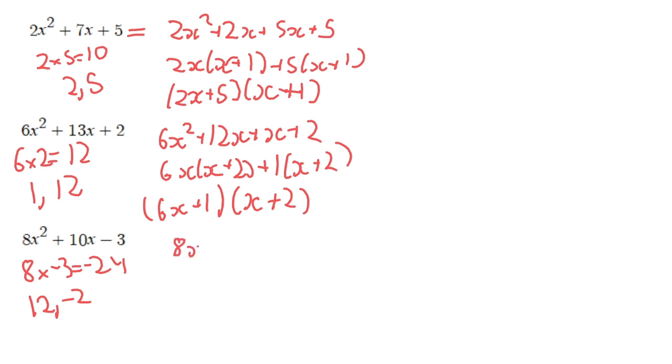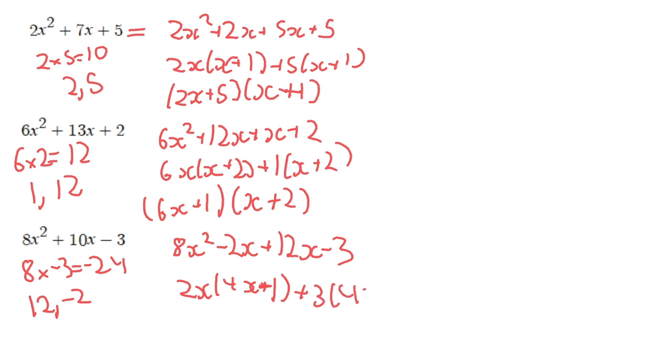You would do 8x squared minus 2x plus 12x minus 3, and then here you would factorize out a 2x to get 4x minus 1, and then here you would factorize out a 3 to get 4x minus 1. And then finally you get 2x plus 3, and then 4x minus 1.